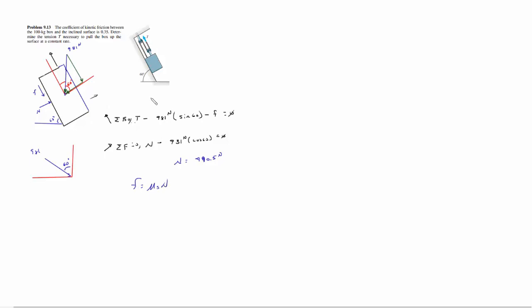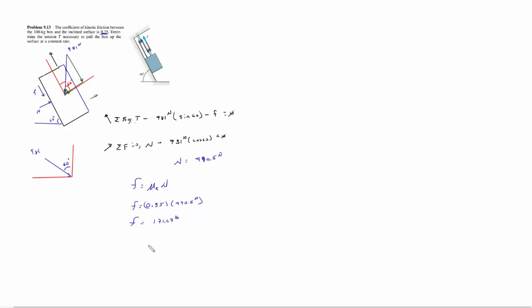Now let's use our equation for friction. And I like what the guy in the video from Texas Tech says: this is fun, right? All these problems are fun. This is kinetic friction. So friction was given at 0.35, times our normal force that we just calculated. So our friction is going to be 171.67 newtons.